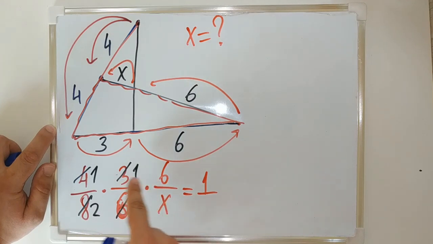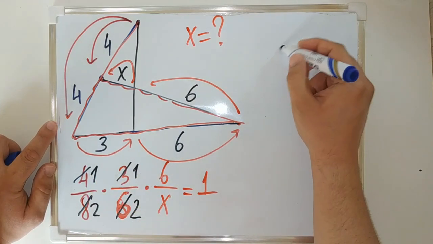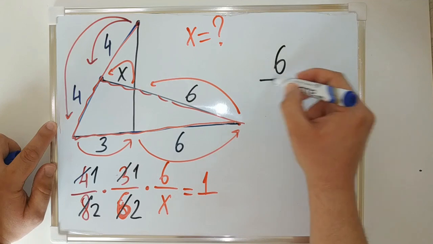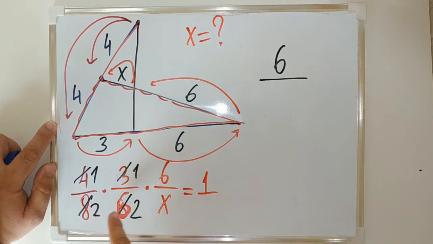Now in the numerator we have 1 times 6, which is 6, over, in the denominator, 2 times x.